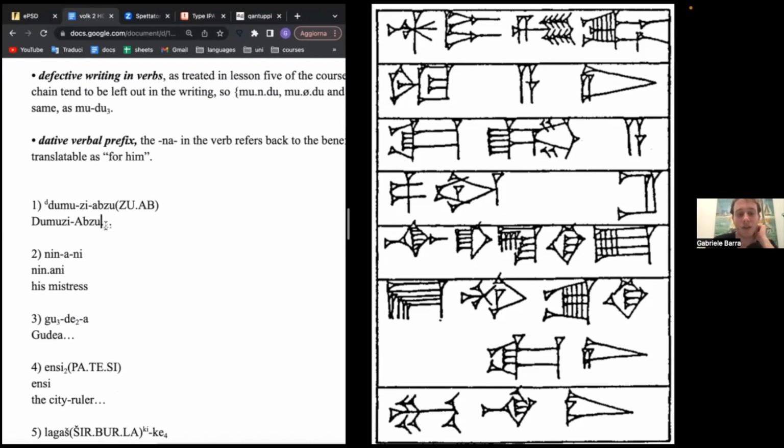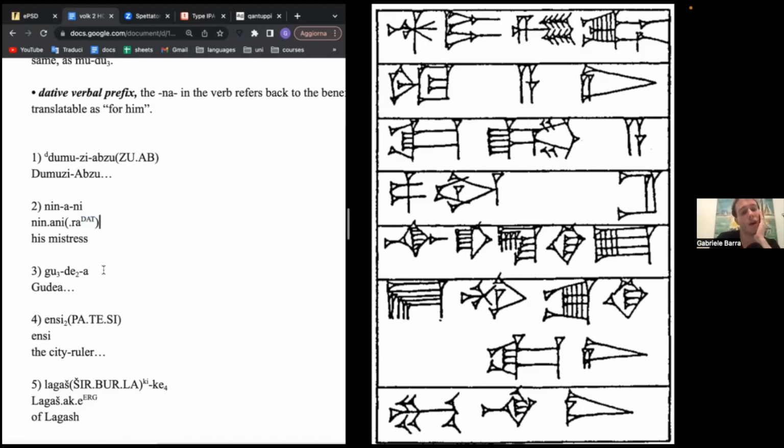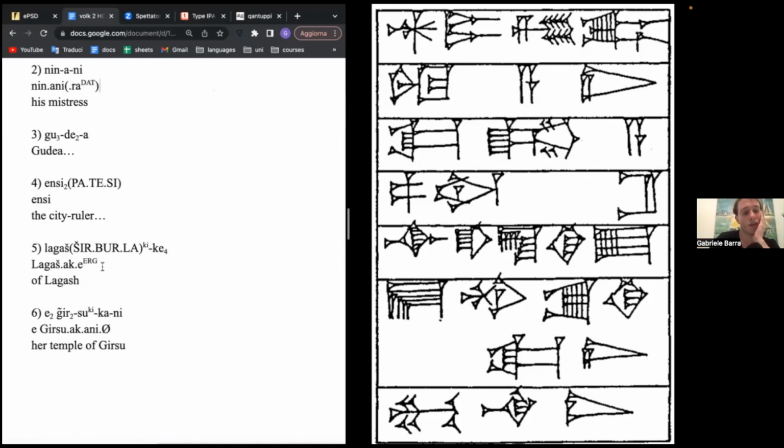So what happens is sometimes, because it's very clear from context and it's a very formulaic kind of writing, you can exclude the final ra for the dative. So sometimes it's there, it's just not written. So nin, ani, ra, dative. And that should do it, yes.